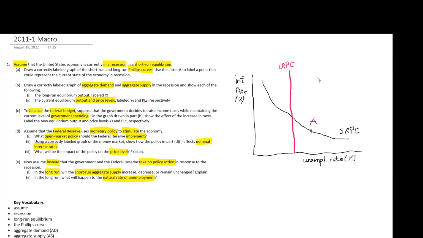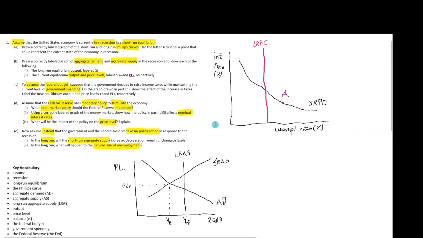So moving on to part B, we're going to have to draw the most common graph in AP Macro, which is the ADAS graph. So let's draw that first, and we will look at what happens to it when we start to play around with fiscal and monetary policy. So this is what your ADAS graph should look like, something like this.